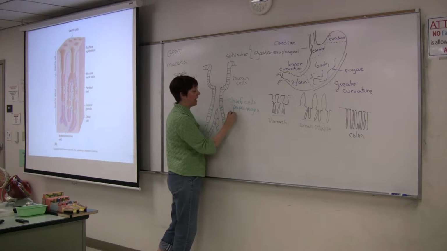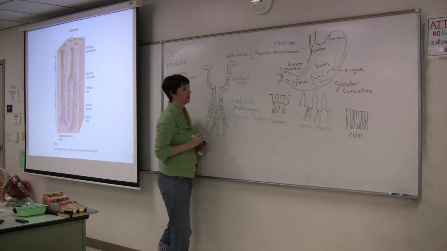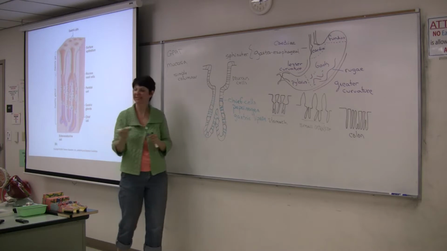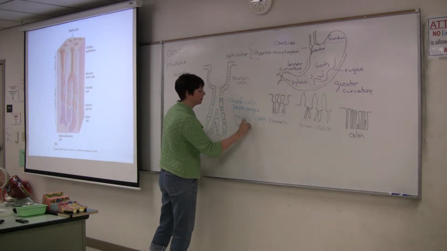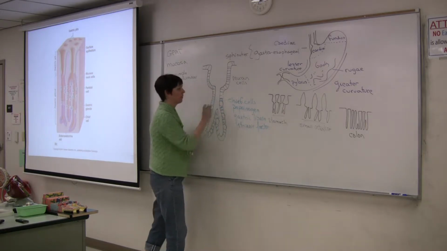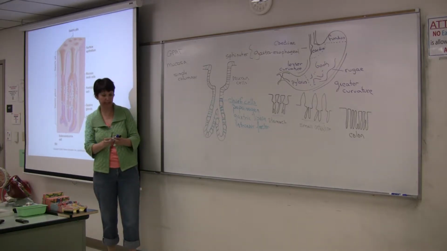We also have gastric lipase. And remember intrinsic factor? For the absorption of vitamin B12? So those are predominantly most of the cells.